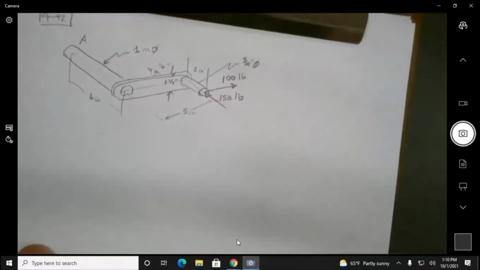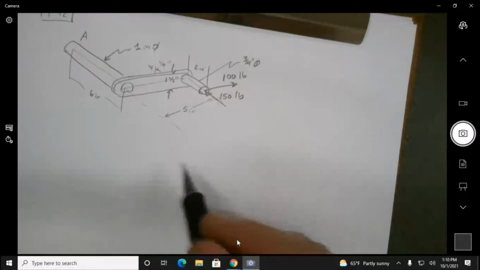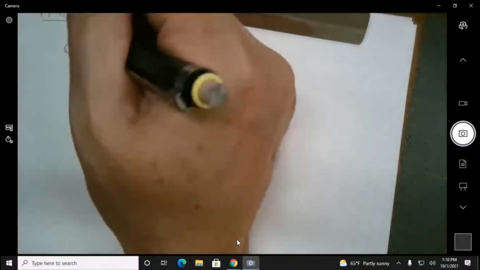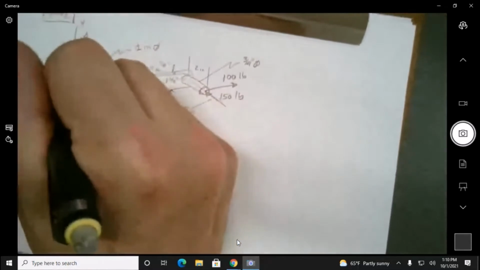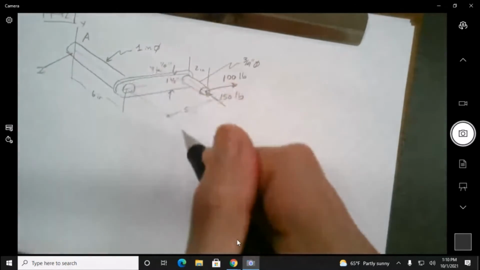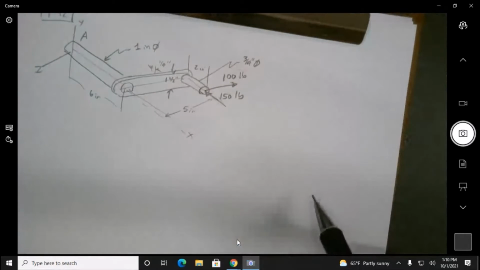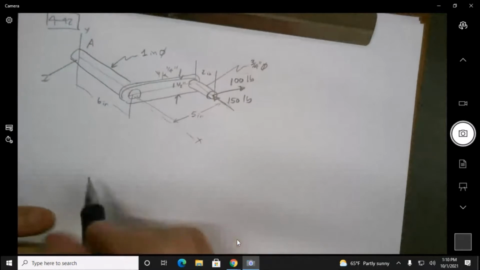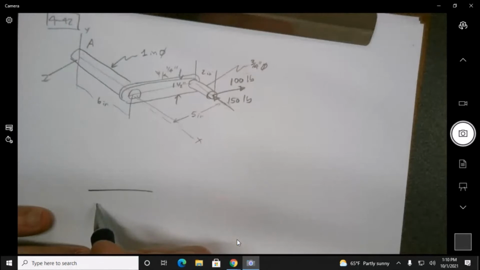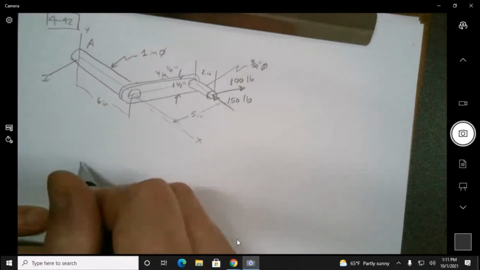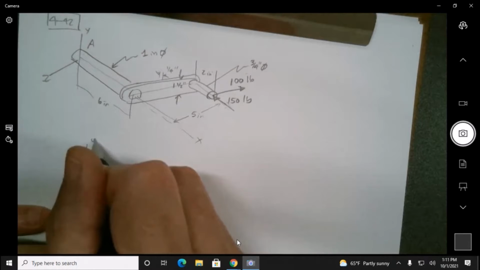First thing I would do as part of this, put my head on straight. Let's see, there's Y and there's Z. Here's X. I think I'm going to draw it in the XY. It just feels right.